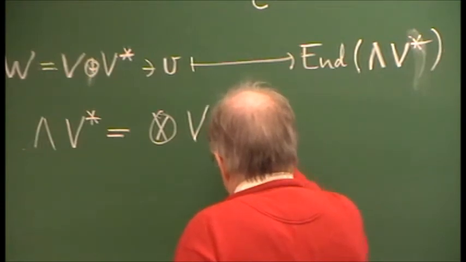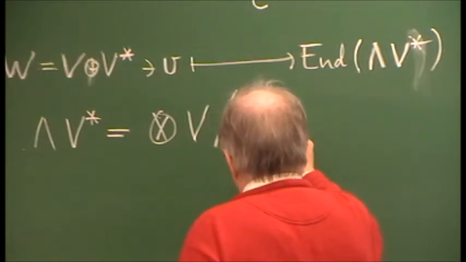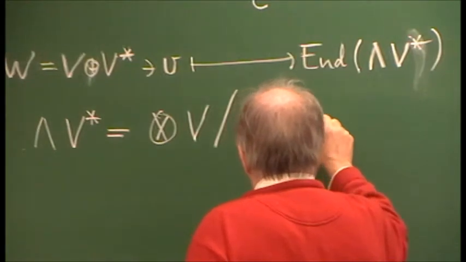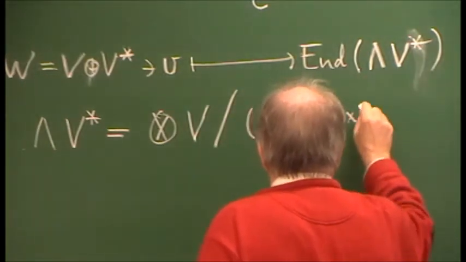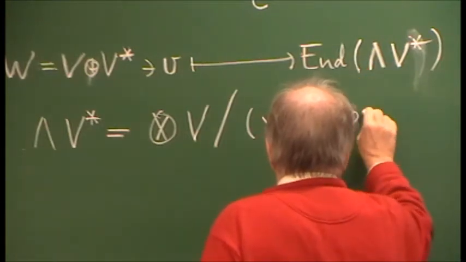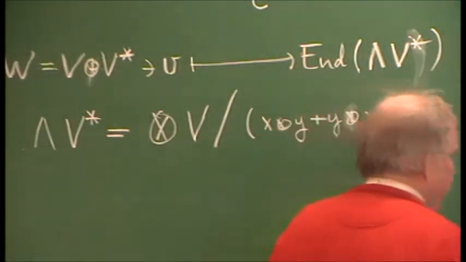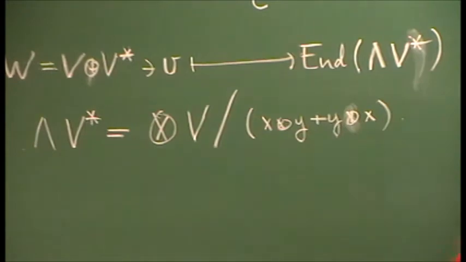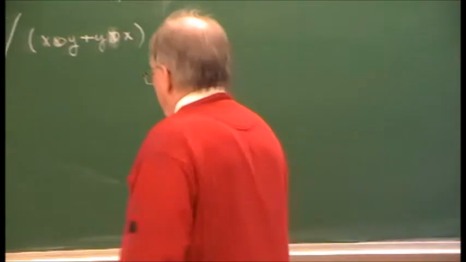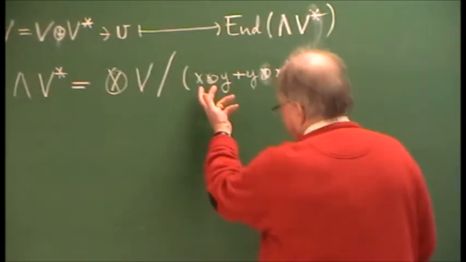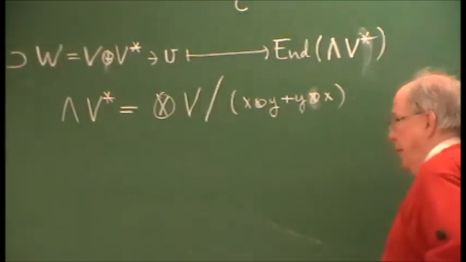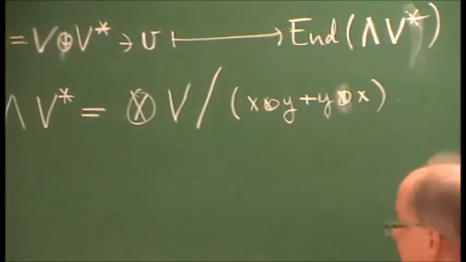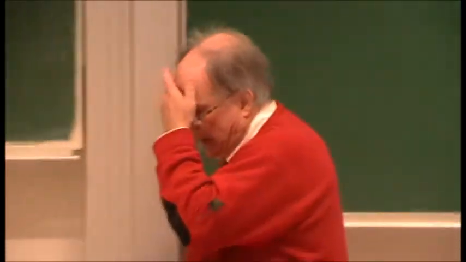So the relation is the ideal generated by x times y plus y times x, for all homogeneous elements of degree 1 in W. Okay, that means I forced the relation here to be alternating.